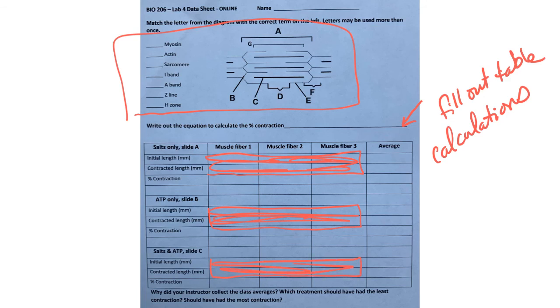So what you need to do then is to determine the percent contraction and the average. Percent contraction, average. Percent contraction, average. So that's what you will be spending some time doing. Then, after you're done with that, make sure, to make this bigger, I didn't copy the blank space at the bottom, but there are questions down here that you need to answer based on your calculated data, okay?